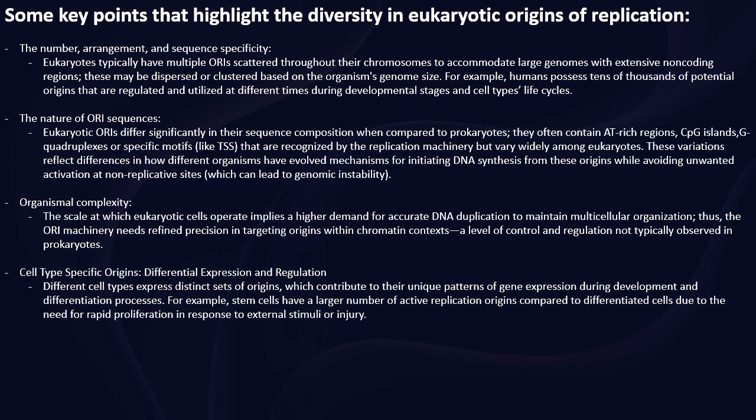But the difference is that stem cells contain a large number of active replication origins, which initiate the DNA replication process, whereas normal eukaryotic cells contain a comparatively small number of active replication origins. This is a regulatory mechanism which helps the normal cell to not become a cancerous cell.